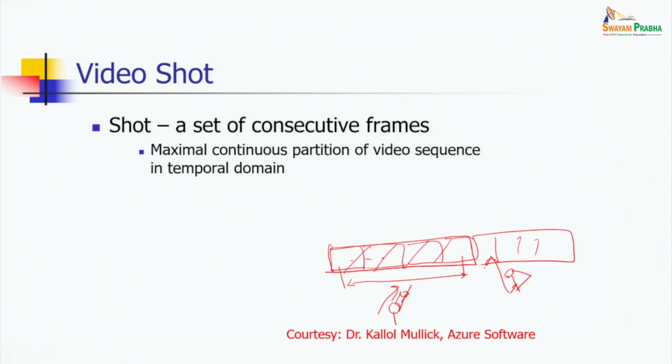But when you are composing this video, you are basically concatenating them, and they are available in the same video. This is just one simple example. Even with a single camera, with the movement of the camera, you can create different shots at particular time instances or time intervals. So it is the maximum continuous partition of a video sequence in the temporal domain, which describes similar kinds of events.